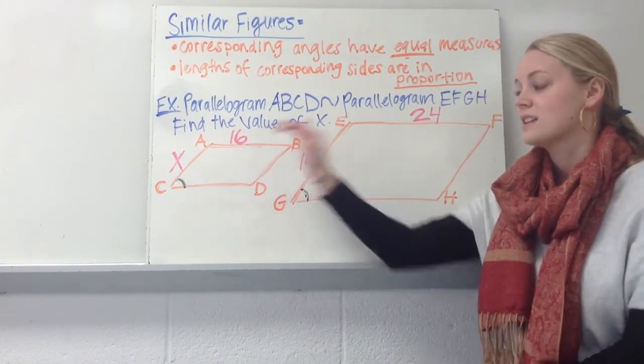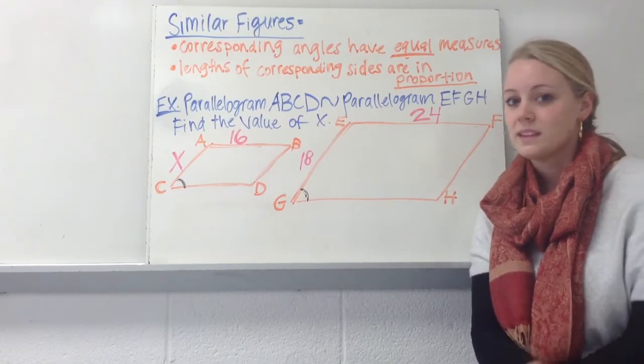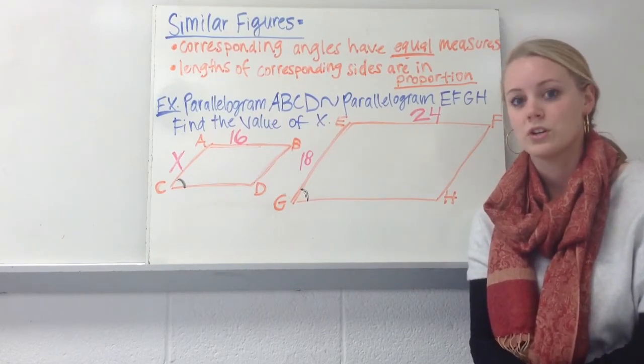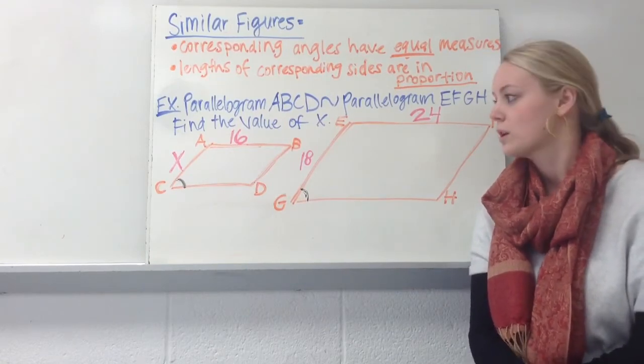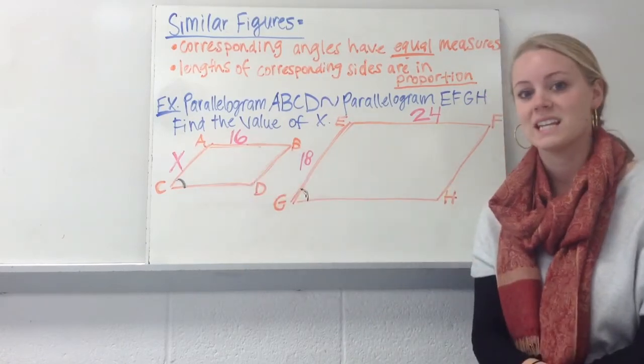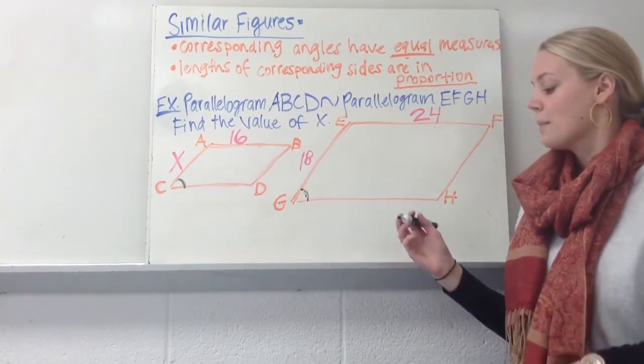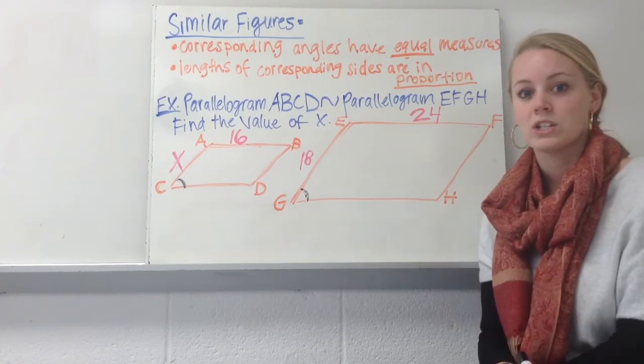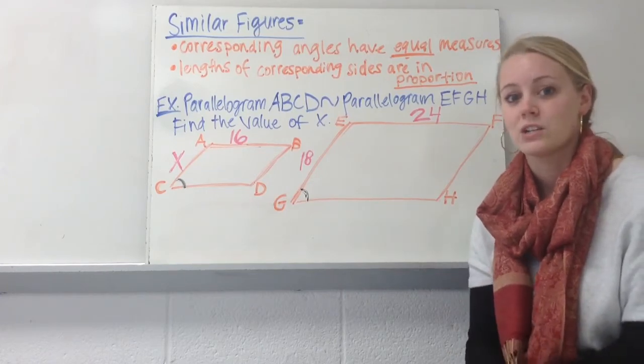However, we notice that the lengths are not the same. That means that they are directly proportional, and we can set up a proportion to find this missing length x. So I'm going to go ahead and make a proportion, and we can do this in fraction form.